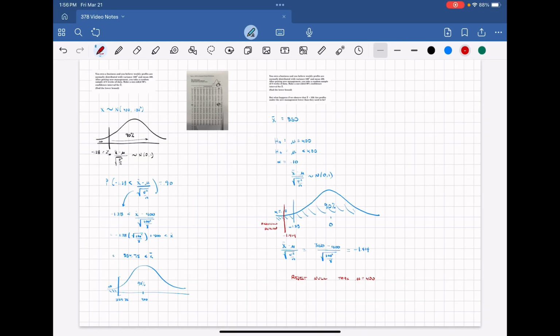And that's the relationship between the confidence interval over here and hypothesis testing over here. Very directly related, and we can use confidence intervals to conduct hypothesis tests.